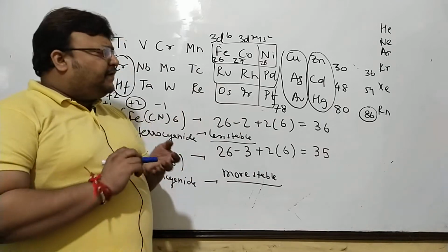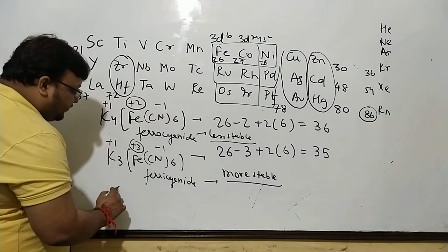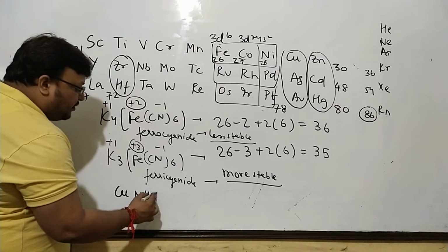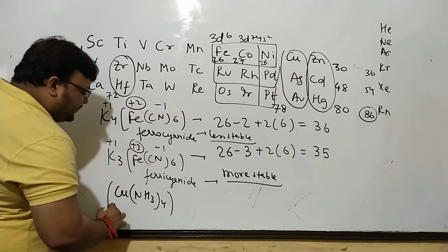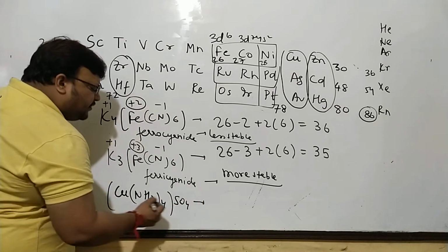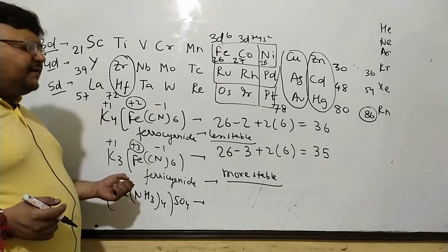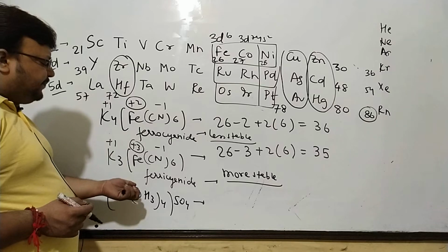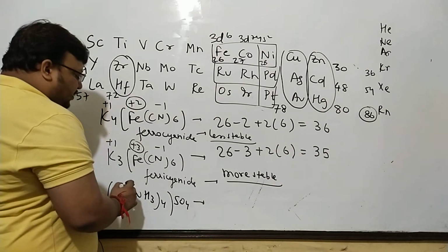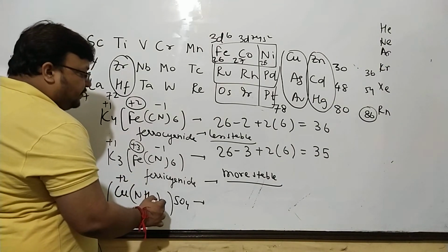I told you a few cases where it was working, there will be a few cases where it will not work. What comes to my mind is [Cu(NH3)4]SO4. Even in tetraammine copper sulfate, which is a fairly stable complex, a very important reagent in silk industry, a test of copper, a blue colored solution. Now, primary valency is plus 2, secondary valency is 4.